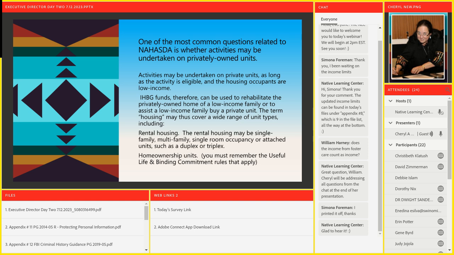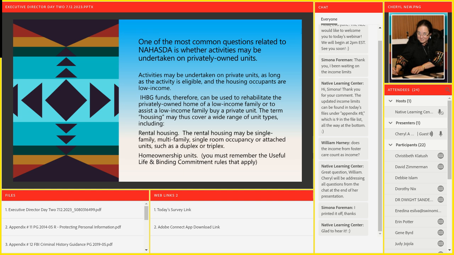One of the most commonly asked questions under NAHASDA is whether activities can be undertaken on privately owned units. They can be. They can be undertaken on private units as long as that activity is eligible and the housing occupants are low income. Okay, same rules, same income guidelines, unless you decide you're going to help 10%.